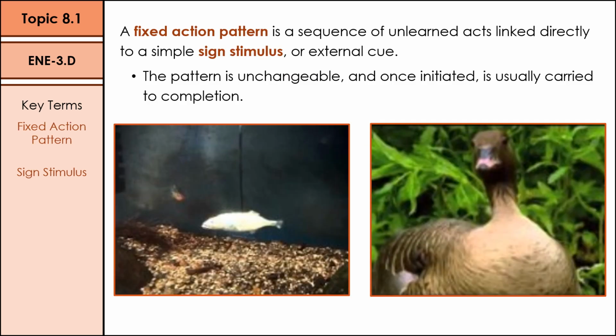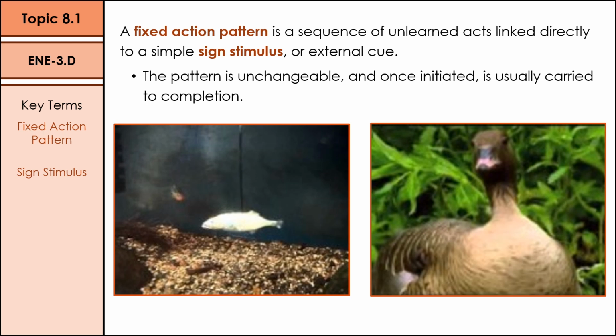So starting off with the most basic of behaviors, these are what are known as fixed action patterns. Fixed action patterns are immediate responses to what we call a sign stimulus or an external cue. Now, the pattern that we're talking about is going to be a series of actions that are innate in the organism.